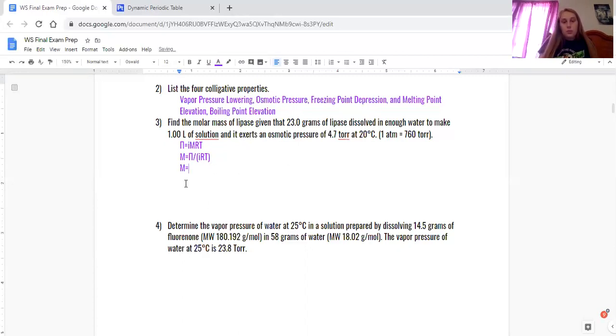So over here we're going to have 4.7 torr, and then we multiply that by 1 atm per 760 torr, then we can go ahead and solve that. And if you do the math, you should come up with 0.0062 atm.